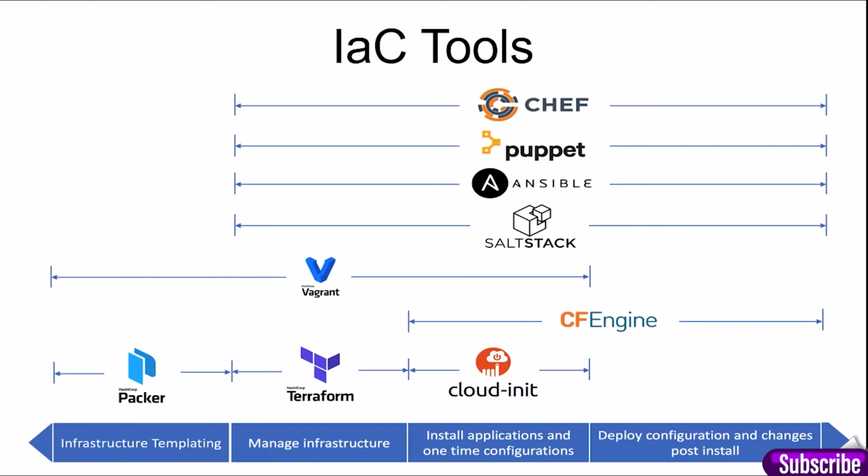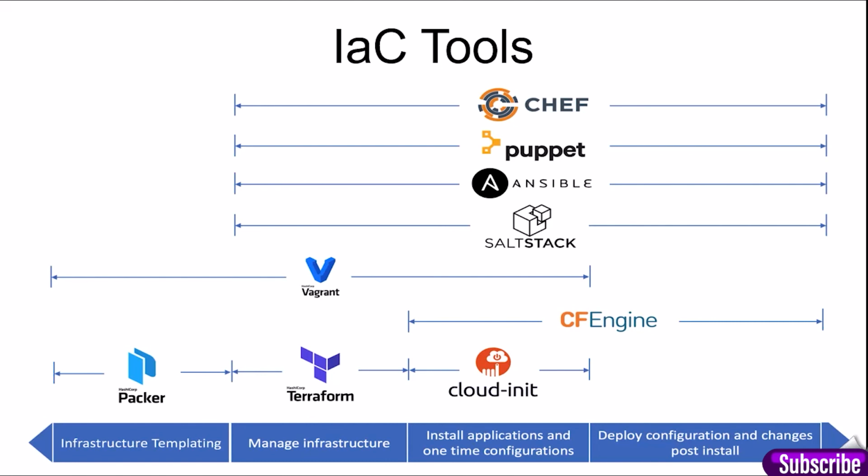Now we'll see what are the different tools available for IAC. We have multiple tools such as Chef, Puppet, Ansible, SaltStack, Terraform, Packer, CFEngine, Cloud-Init, Vagrant. Are these all the same? No. It's based on your need. You can decide which tools are suitable for your organization.